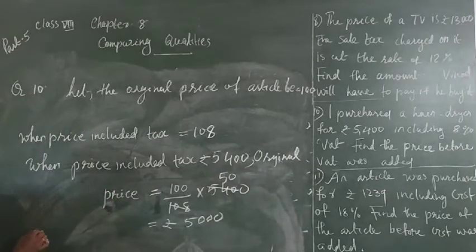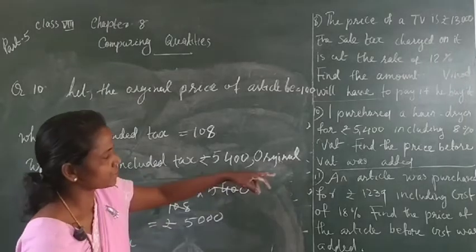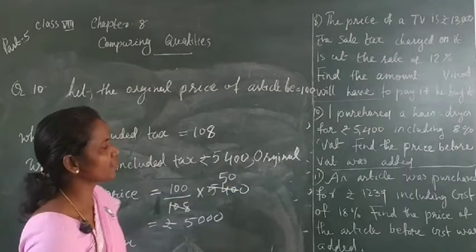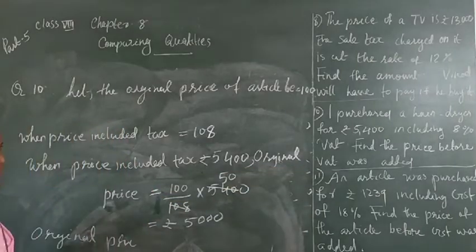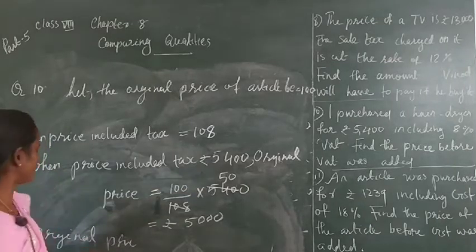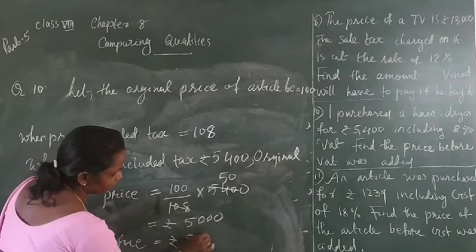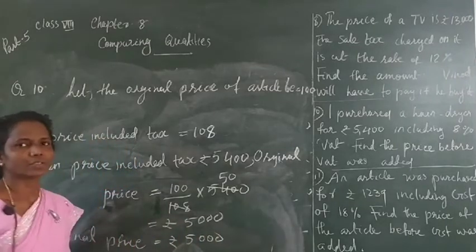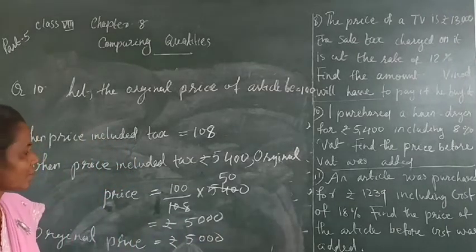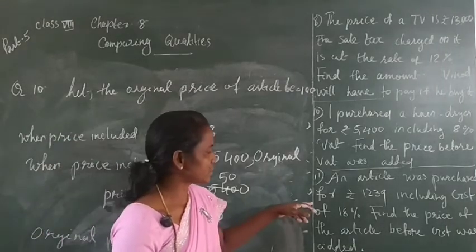Original price is equal to the price before VAT was added, which means original price is equal to 5,000 rupees.